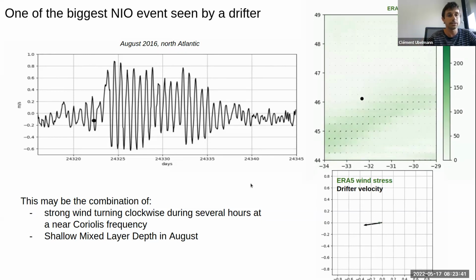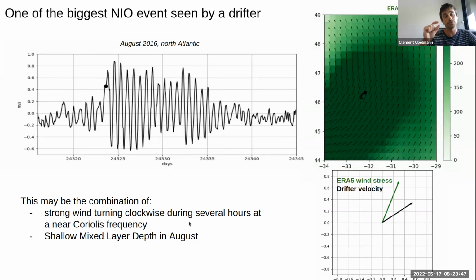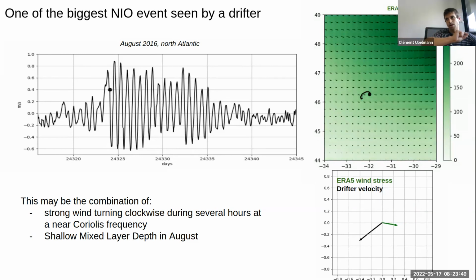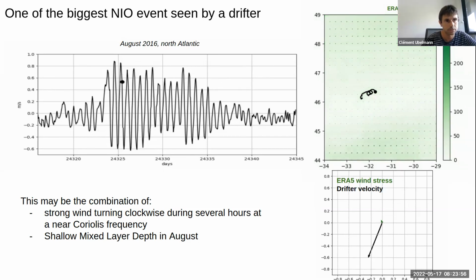And on top of that, this was in August, and in summer the mixed layer depth is very shallow, so there is very little inertia, so it's very easy to put the first layers of the ocean in motion. So we have almost a 0.7 or 0.8 amplitude NIO signal.